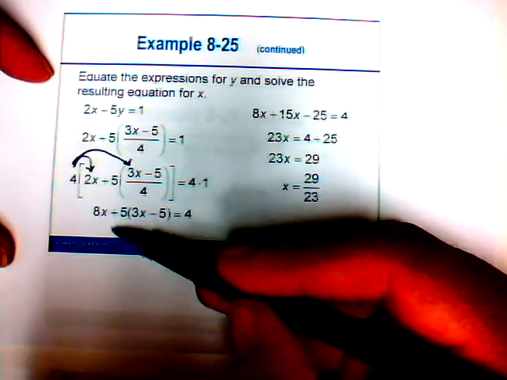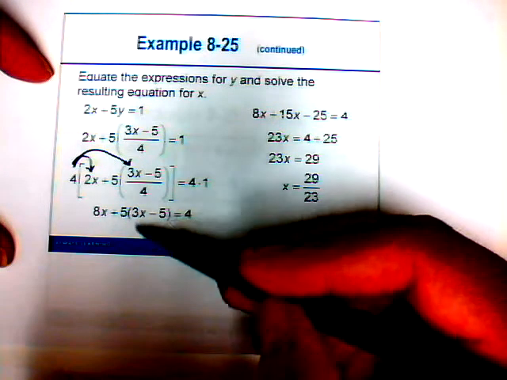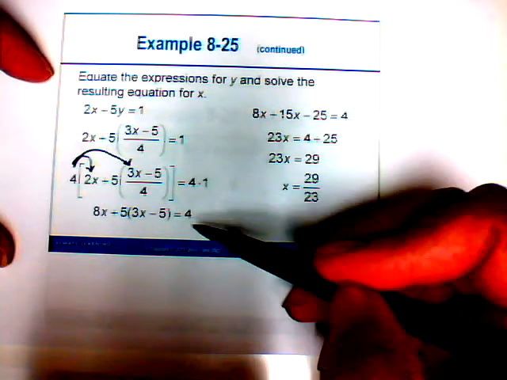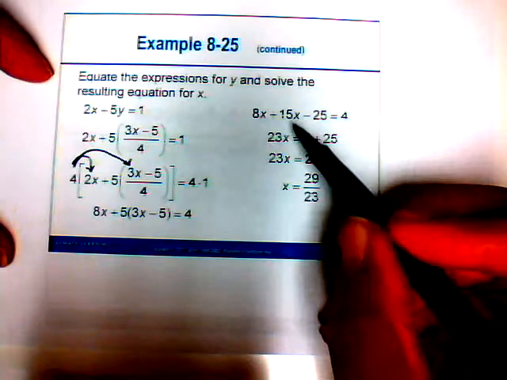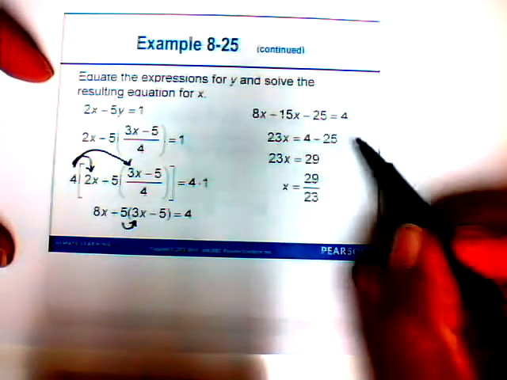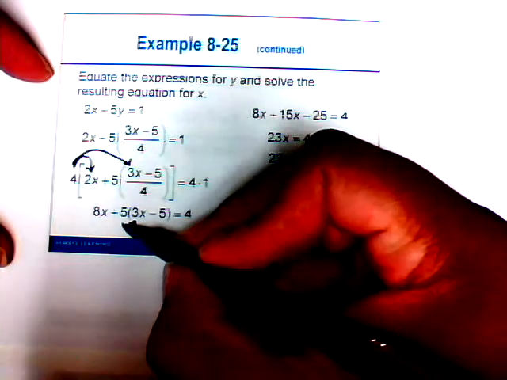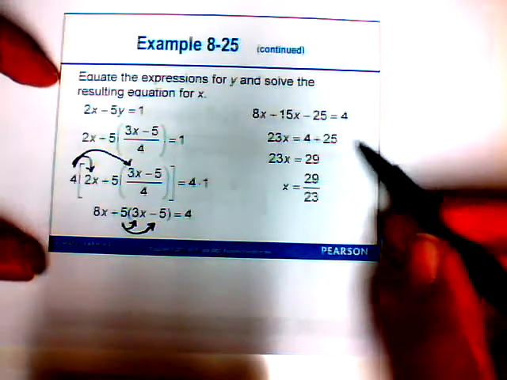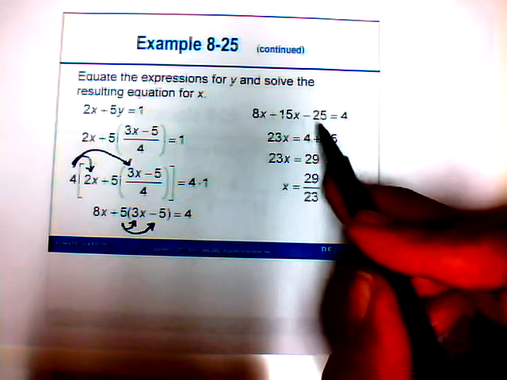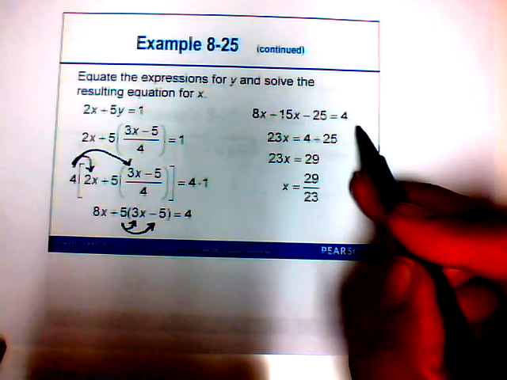So now you got 8x plus 5 times parentheses 3x minus 5 equals 4. Then you use the distributive property here, bring over the 8x, and then you're going to do 5 times 3x, that's 15x, and then 5 times minus 5, that's minus 25. So now you got 8x plus 15x minus 25 is equal to 4.